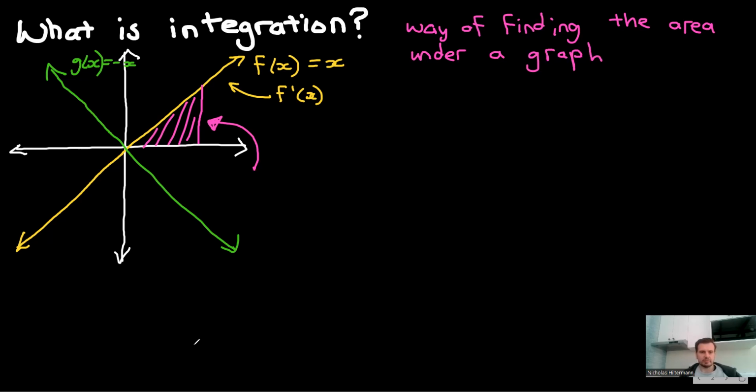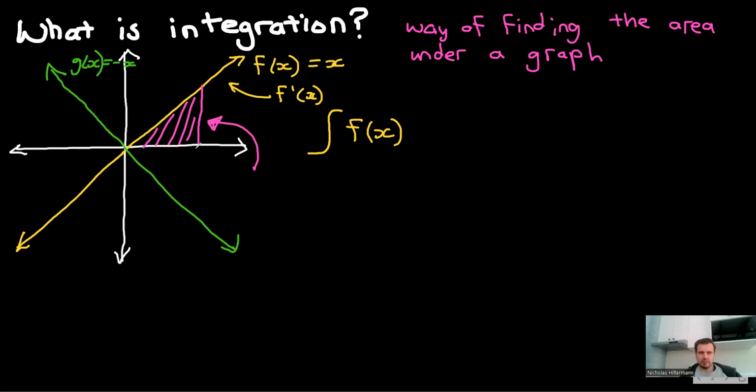So let's look at some notation. If I wanted to find the integral, the terminology I use is this S-shaped symbol here, and you'll say f of x. This notation says that if I want to find the area under this graph, I need to find the integral of the function.